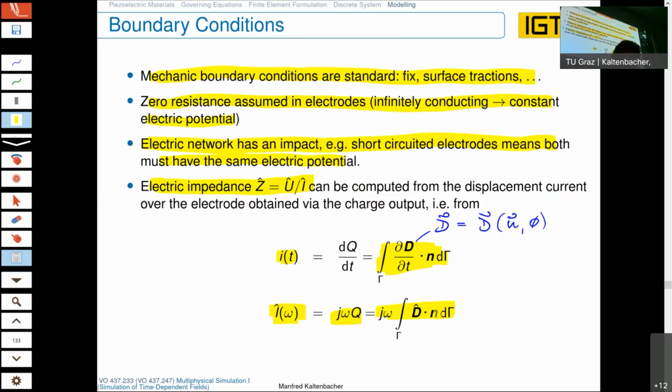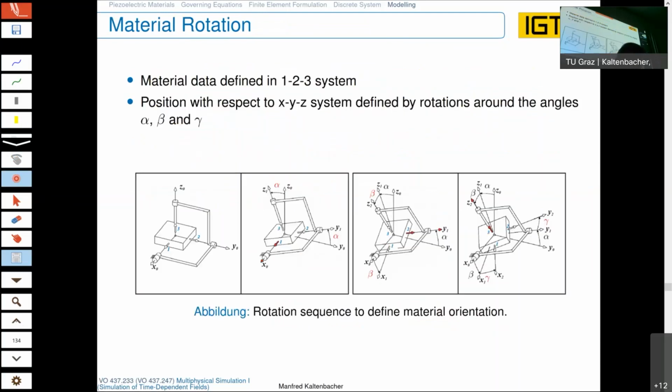We have applied, for example, inhomogeneous Dirichlet boundary conditions for the potentials, which means you know the voltage, we compute out the current, and then have the impedance as a function of the frequency.